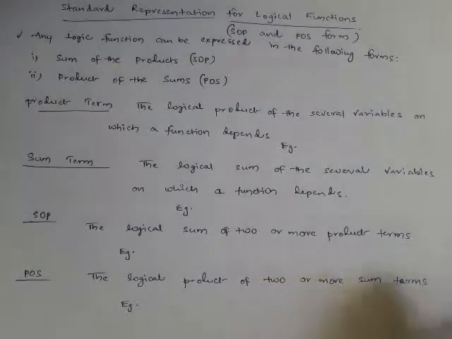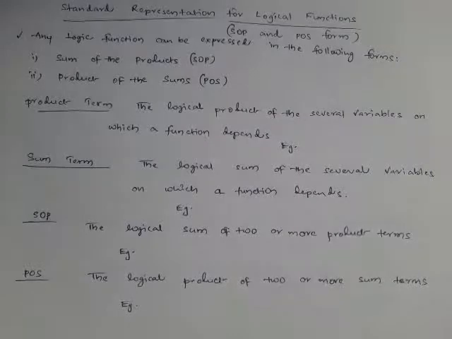And one more thing you have to notice, that in the logical product of the several variables on which the function depends, the variable can be in either form. That means it can be present in its true form or in its complement form. That means if the function depends on the variable, say b, then in that particular product term, the b can be either present in its true form as simply b, or in its complemented form as b complement.